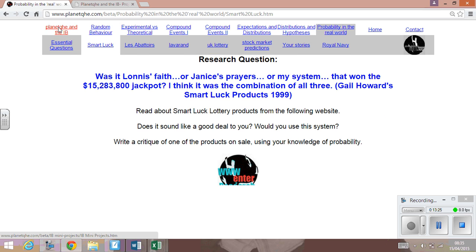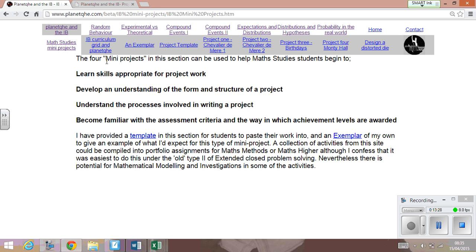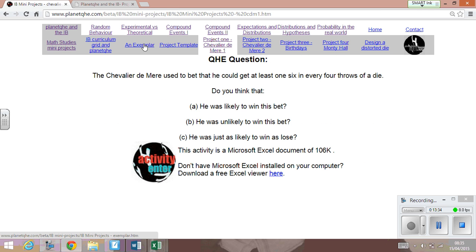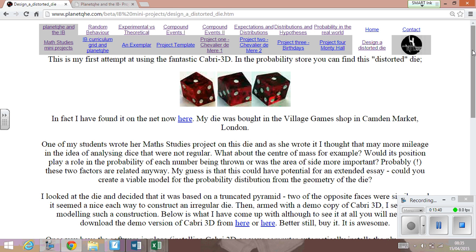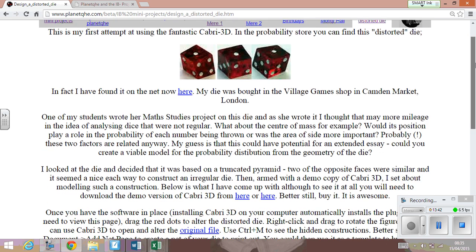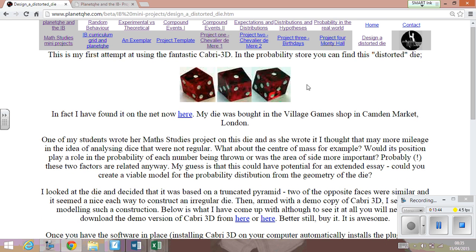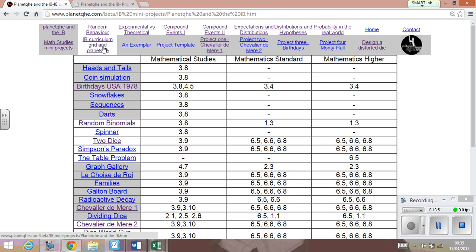If we go back to the home page, and this one relates to Rui's extended essay, where she's looking at this weird distorted dice. And this, no, not that one, this one.